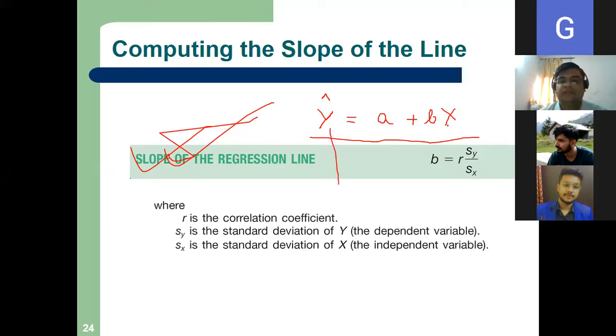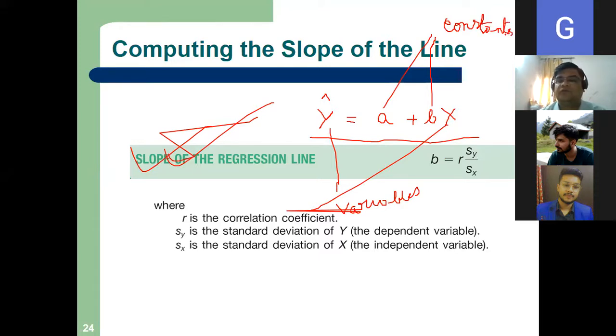These are the two variables, y hat and x. Y hat and x are the variables. A and B are constants. Are you getting me? Yes, sir. Okay, very good.